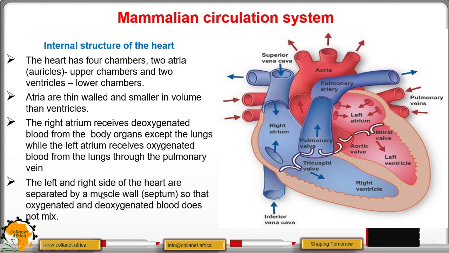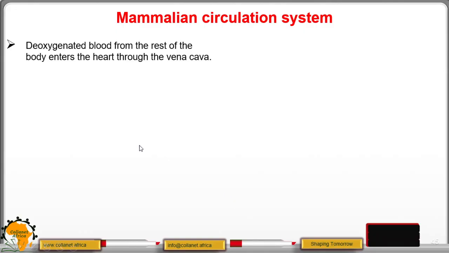The left ventricle and the right side of the heart are separated by a wall so that oxygenated blood and deoxygenated blood do not mix, and we've just said it is the septum. Deoxygenated blood from the rest of the body enters the heart through the vena cava.